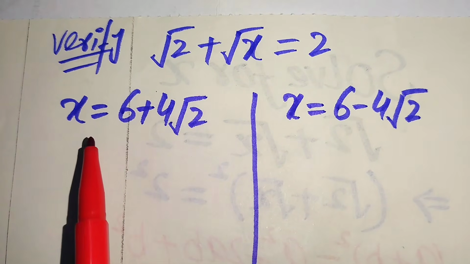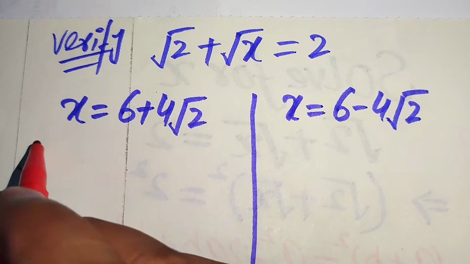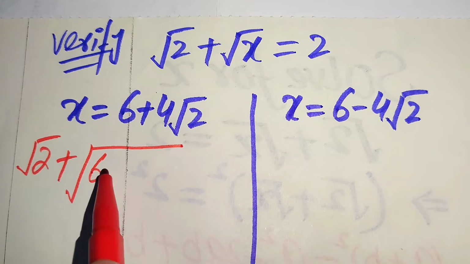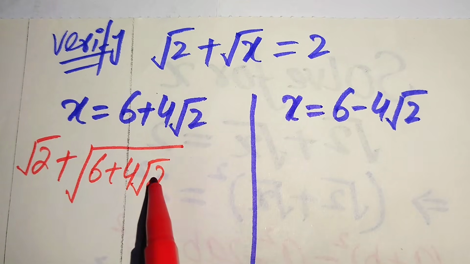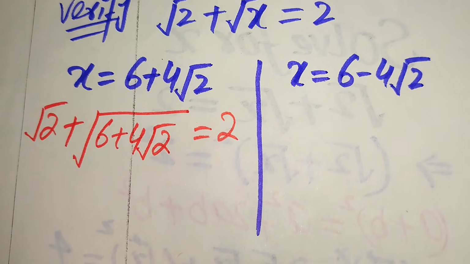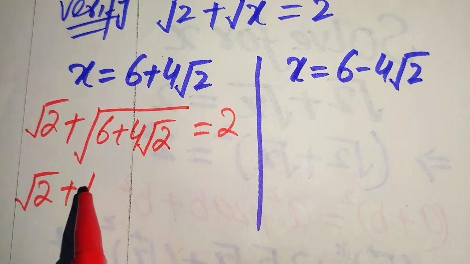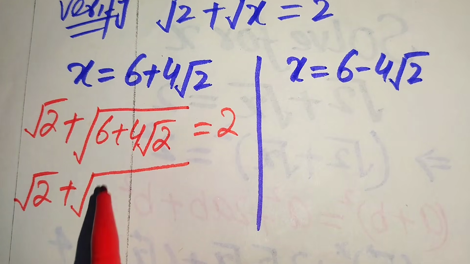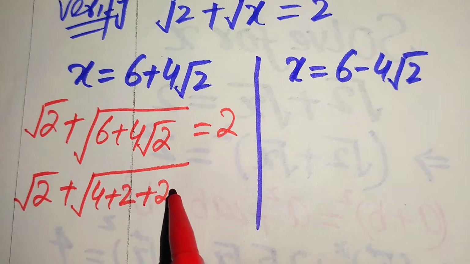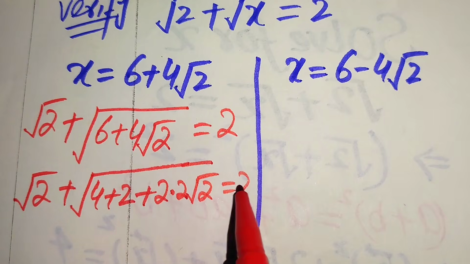According to this root, we just substitute this value of x in this term, and it will be written as square root of 2 plus square root of 6 plus 4 times square root of 2 equals 2. So here we need a little bit more simplification, and we rewrite this term as square root of 2 plus square root of, we write this 6 as 4 plus 2 plus, we write this 4 as 2 multiplied by 2 times square root of 2 equals 2.